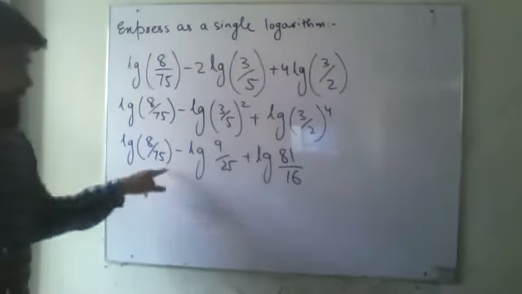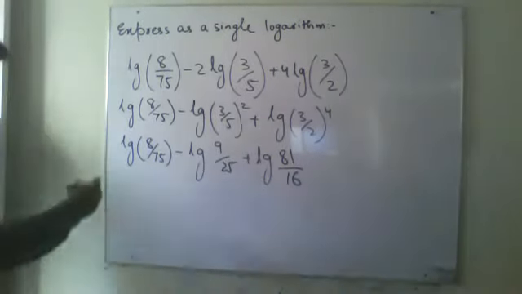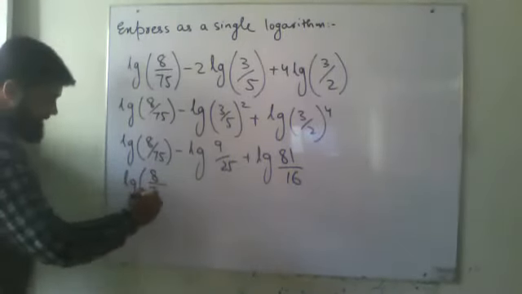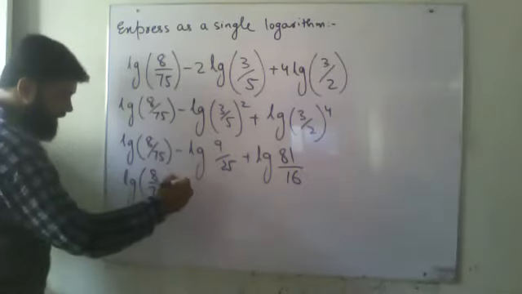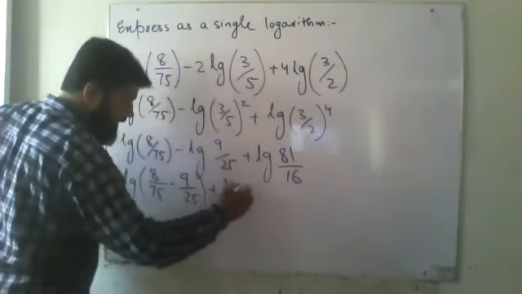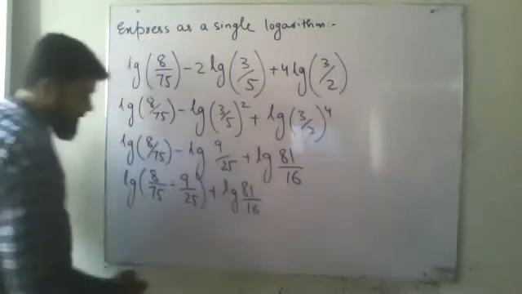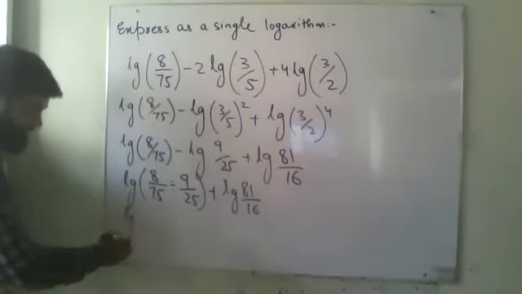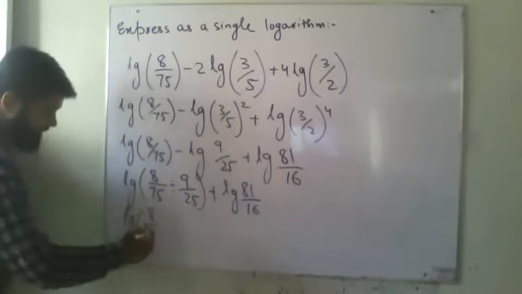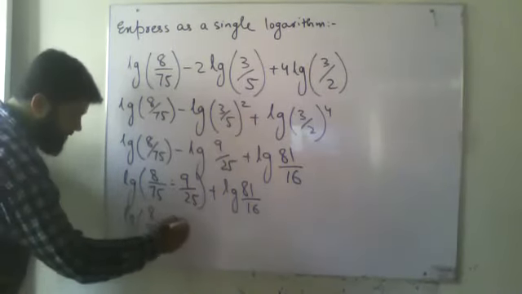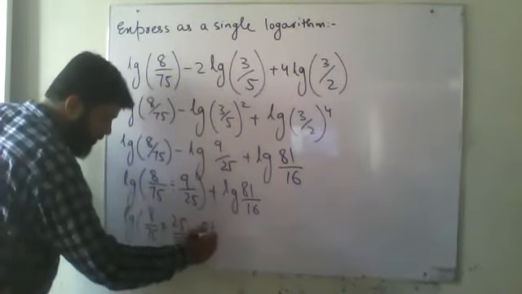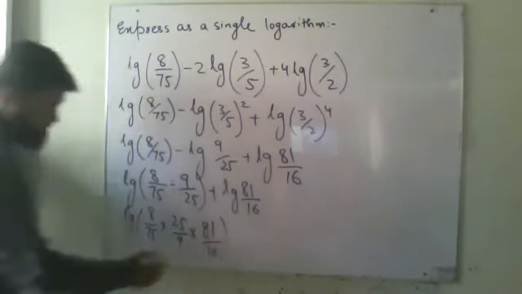These two are in minus form. This one is in plus form. So log 8/75 divided by 9/25 plus log 81/16. Right? After this, log 8/75 multiplied by 25/9 multiplied by 81/16.